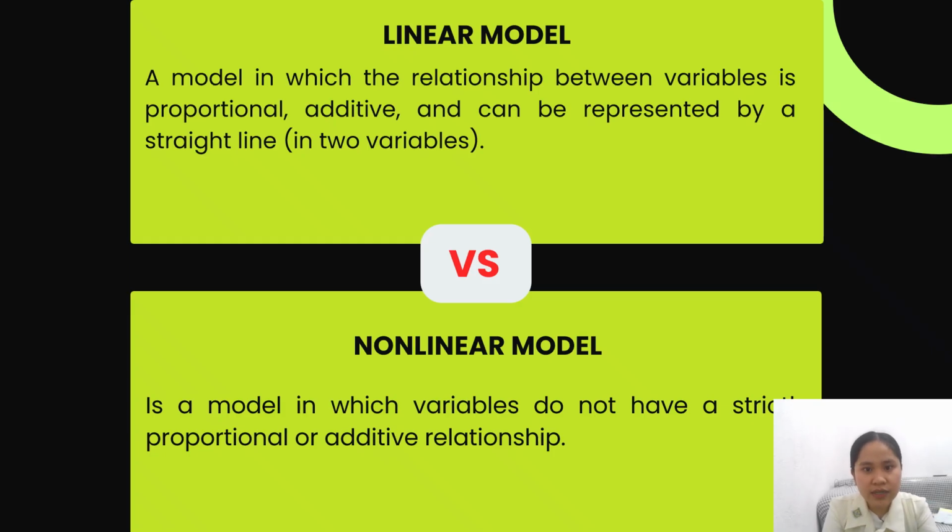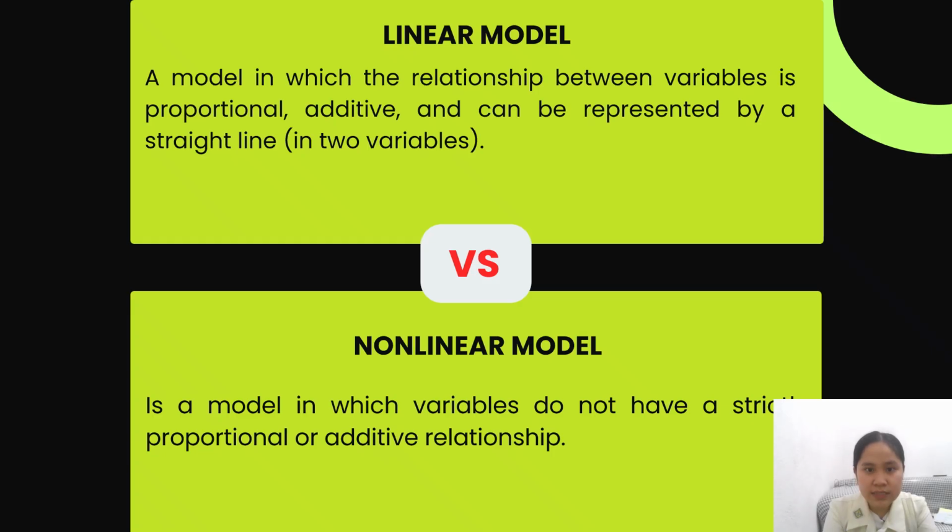So, the relationship between variables is not proportional or constant sa nonlinear model na to. Kasi sabi dito sa nonlinear model, a model in which variables do not have a strict proportional or additive relationship.